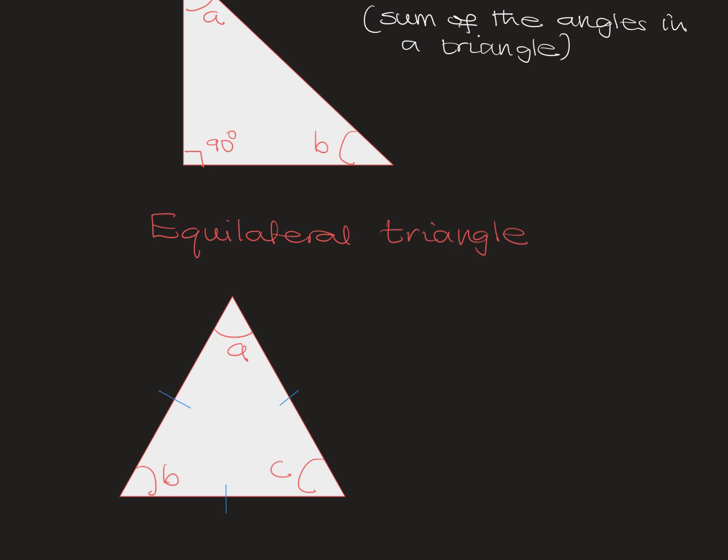Okay? So, when you see a triangle and you see that all the three sides have this line, it means that all the sides are equal and also the angles are also equal. So for an equilateral triangle, all the sides are equal and all the angles are equal.